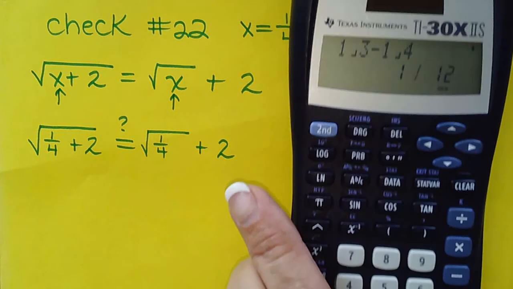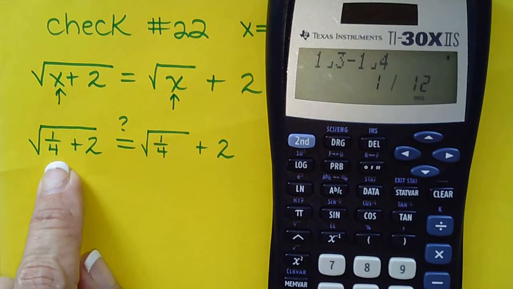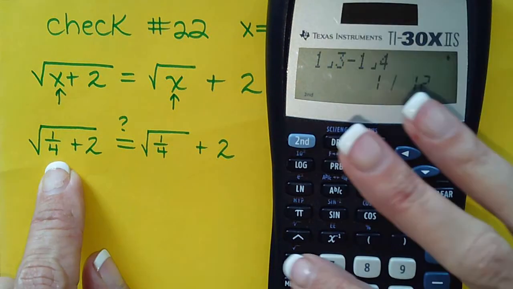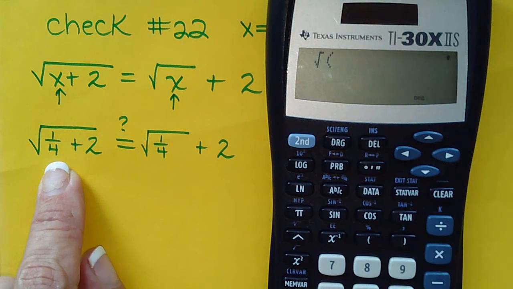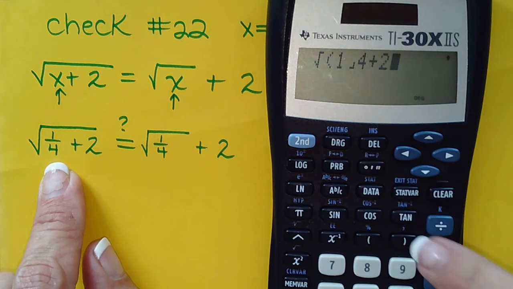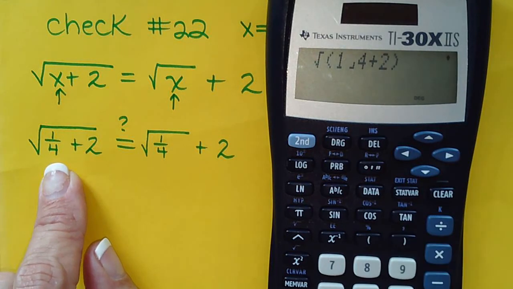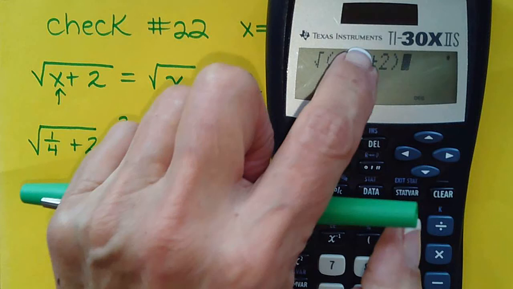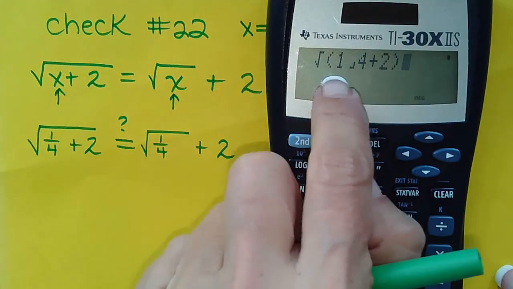So let's type in the left side first. So we hit second x squared, which brings the square root sign. Then we do 1 fraction bar 4 plus 2. Now we have to close the parentheses to tell the calculator it's not just 1/4 I want it to take the square root of, it's all of that.